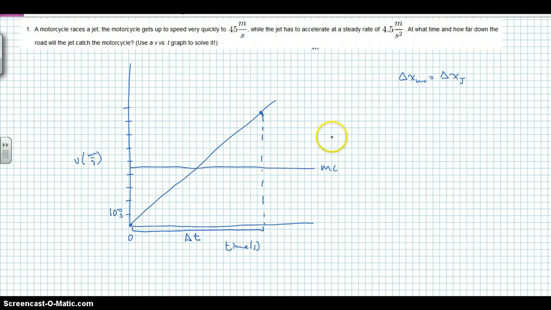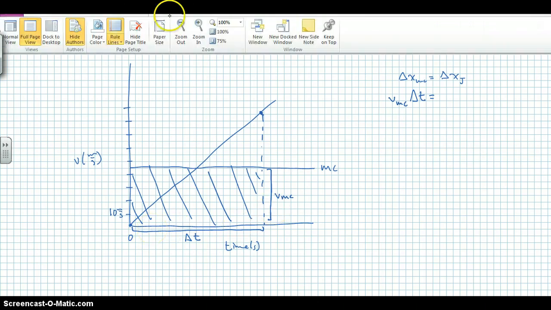So the delta x for the motorcycle is this area. And the height of this rectangle is the velocity of the motorcycle. So that area here, we know is velocity of motorcycle times delta t. That's the height, and that's the length of the area.